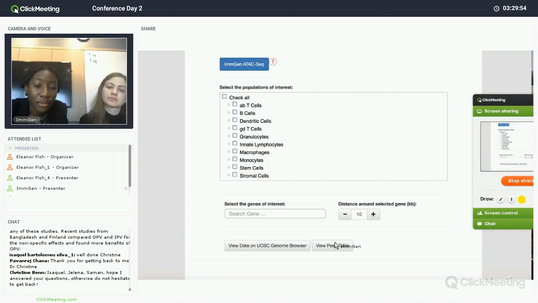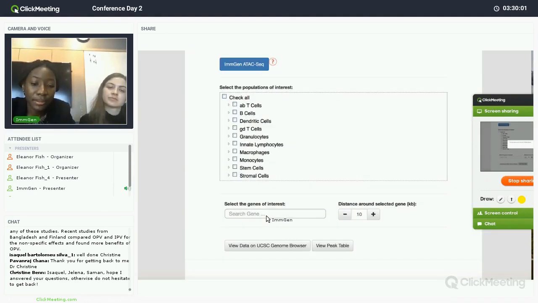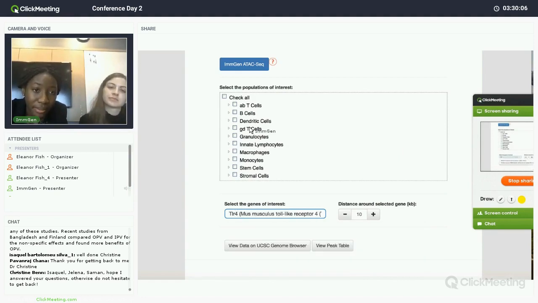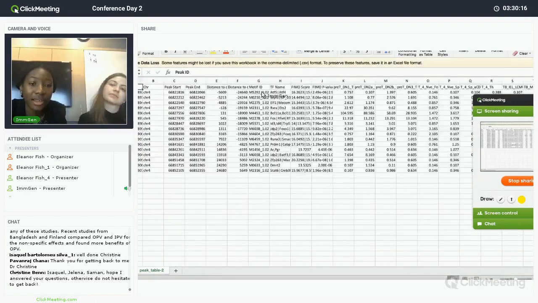And also for our website particularly, you can download the data, and it gives you again in a tabular form, and this is how it looks. And this gives you the different peaks, where they start, and also different predicted transcription factor motifs that are around that gene neighborhood. And it gives you the FIMO score and the p-value of those particular peaks.